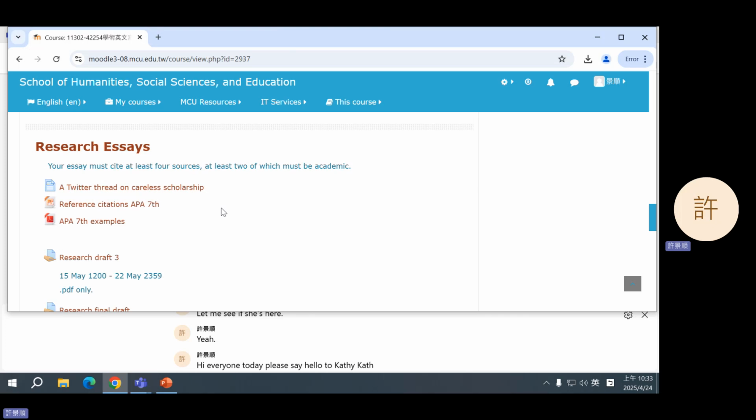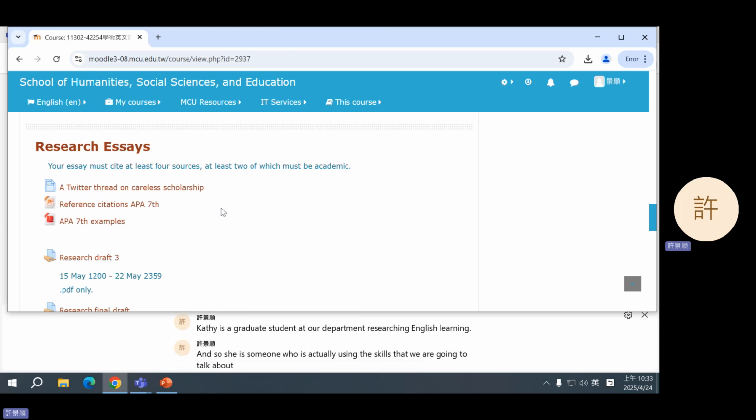Cathy is a graduate student at our department, researching English learning. And so she is someone who is actually using the skills that we are going to talk about. She also happens to be my research assistant, so I kind of forced her to come and share her experiences with academic citation and using academic sources. So let's welcome Cathy.